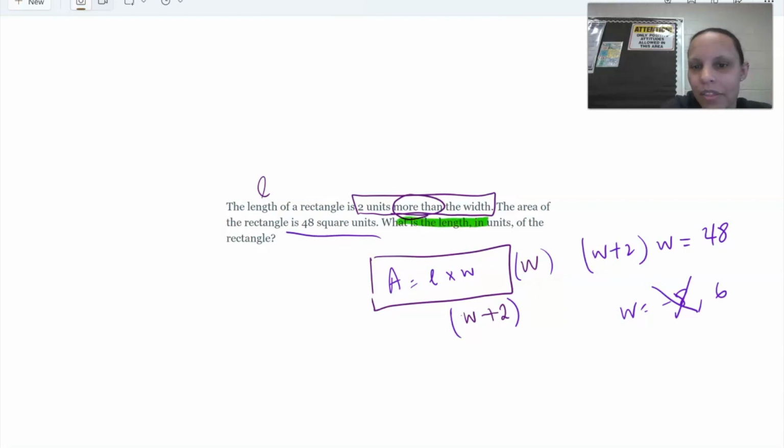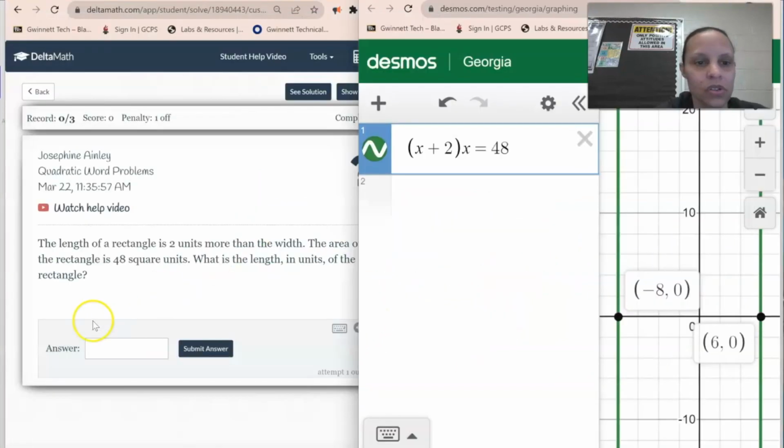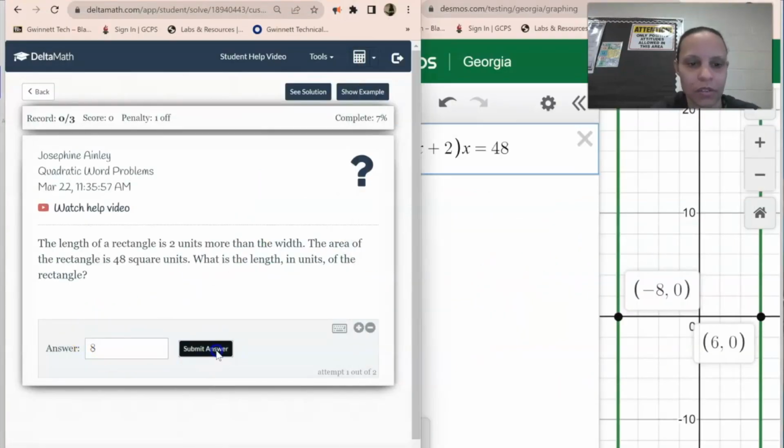What is the length of the rectangle? So they don't want to know what W is. They want to know the length. And what's the length? The length is W plus 2. So W is 6 plus the 2 that we're adding to it. So this is going to be 8.